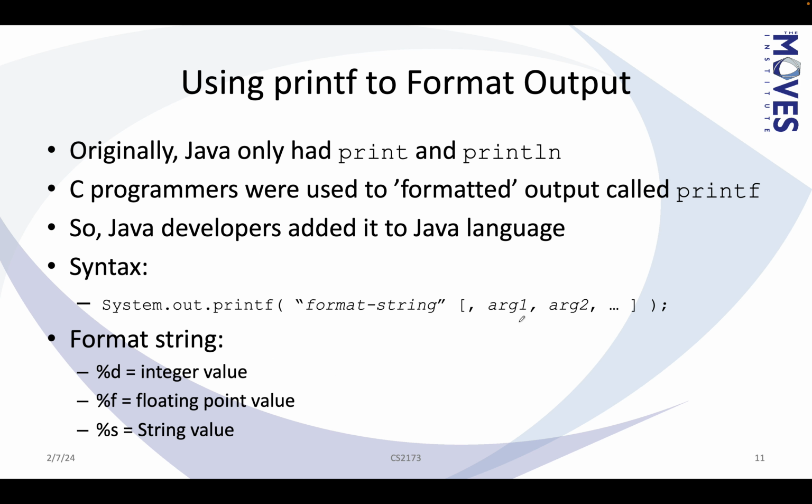Okay, so now I want to talk about this printf because basically what happened when Java came out, they had print and print line. Print line, as we've seen, that's what we mostly use. A print line would print a string.